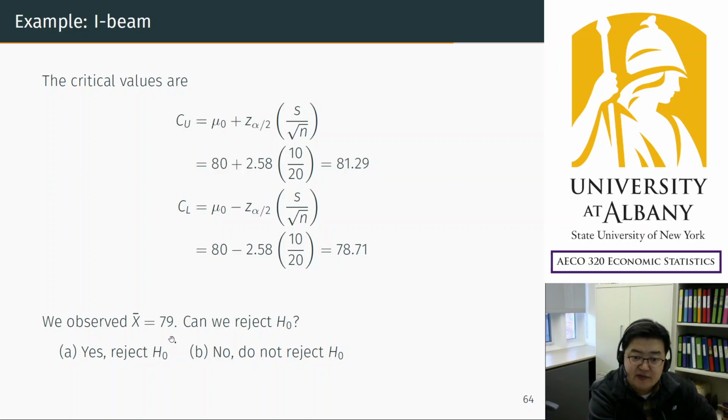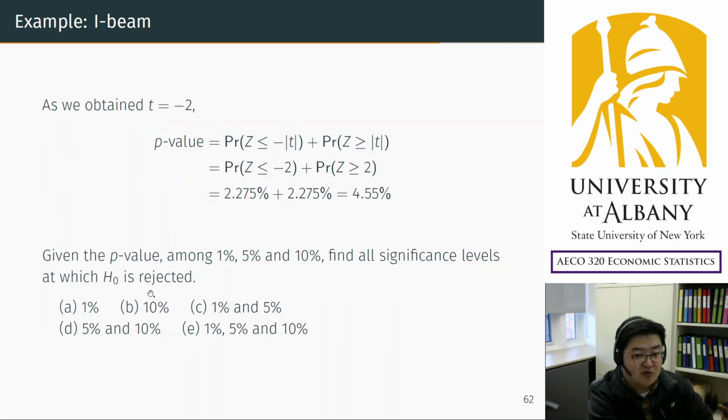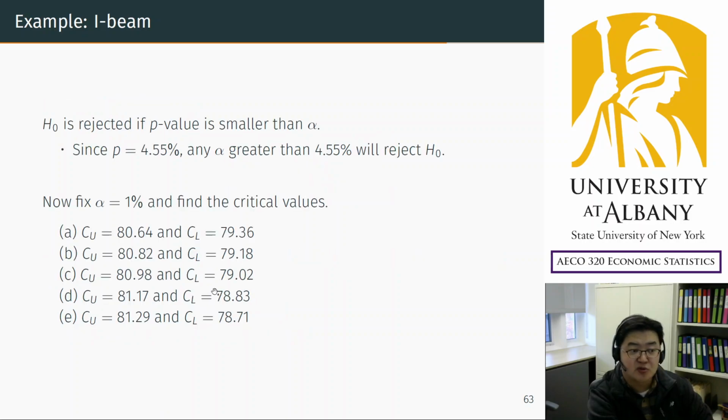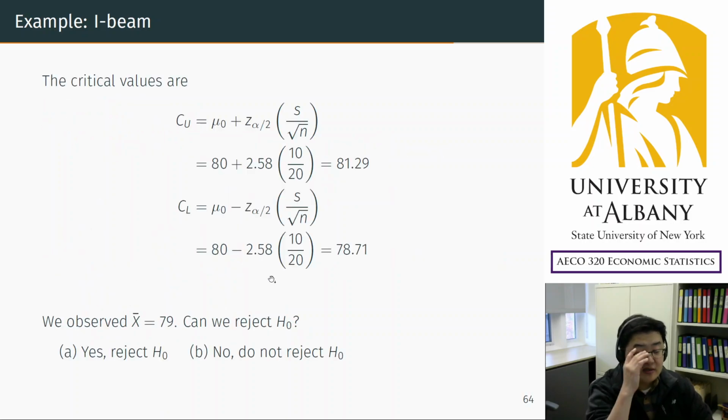In this case, 79 is greater than the lower critical value, so 79 is in between those two critical values. So you do not reject H null. And also, this result is consistent with our p-value or t-statistic approaches.